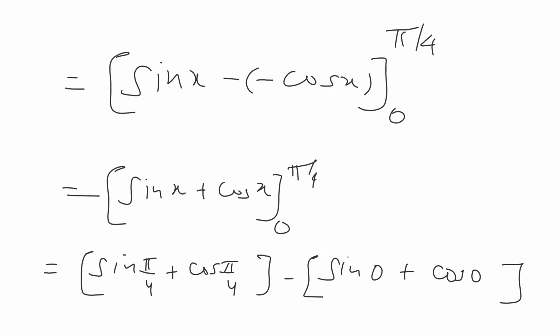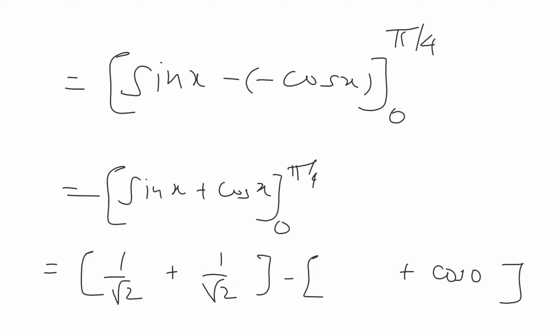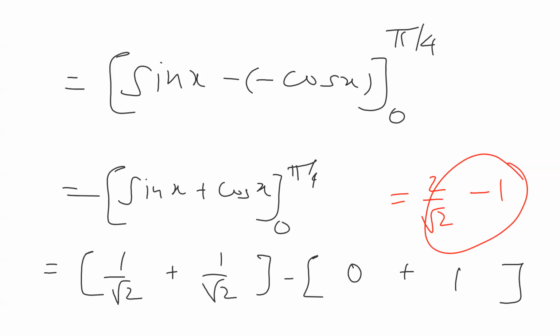Sin 45 will be 1 by root 2. Cos 45 will be 1 by root 2. Sin 0 will be 0. Cos 0 will be 1. So this will be 2 by root 2 minus 1. You can stop over here. No need to simplify this further.